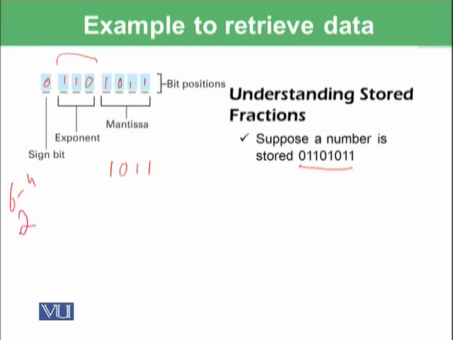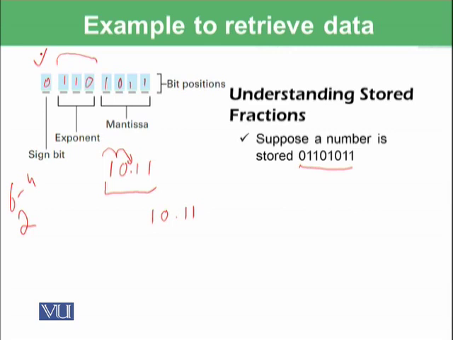So this means that on this mantissa field we would be moving the point 2 positions from left to right. So 1, 2. It will become 10.11, and the first bit is 0, which means it is a positive number. So it is actually displaying 10.11.